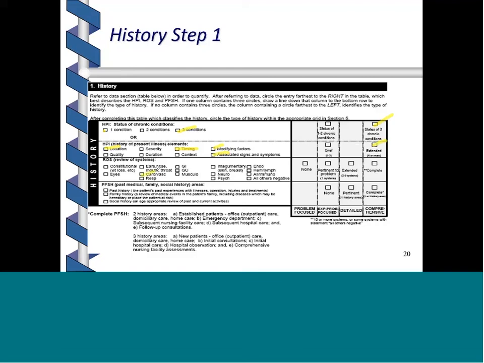How many review of systems did you document on? And then did we look at how many past, family, social histories you documented on? We just code how many of the different ones you documented on.